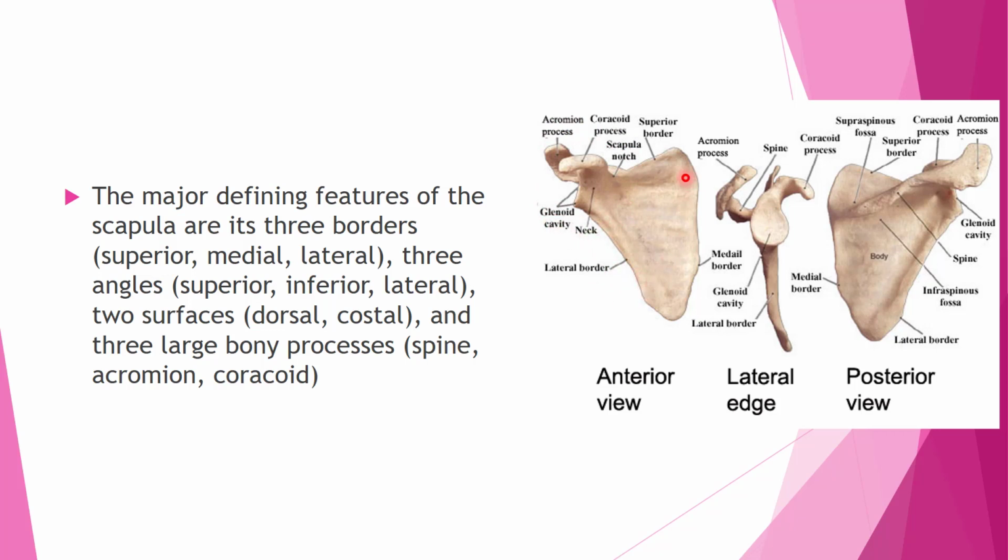Always remember, the medial border is the one in which there are no processes, or which is smooth. So this is medial border, it will come on the medial side, and this is lateral border along with the glenoid cavity, because here the humerus has to articulate to form the shoulder joint. This will come on the lateral side, and all these processes, they will come on the lateral side.